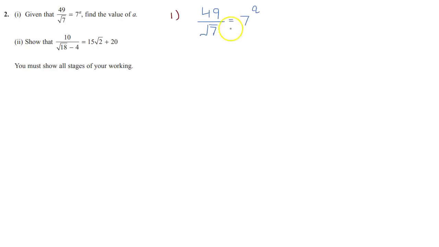Whenever we get this kind of question, we know that if one side is 7 to the power a, this side must be 7 to the power something. So 49 can be written as 7 to the power 2. Root 7 in the denominator can be written as 7 to the power minus half, is equal to 7 to the power a.